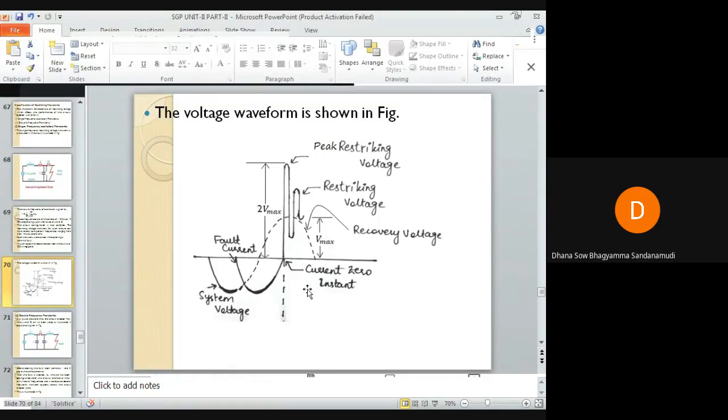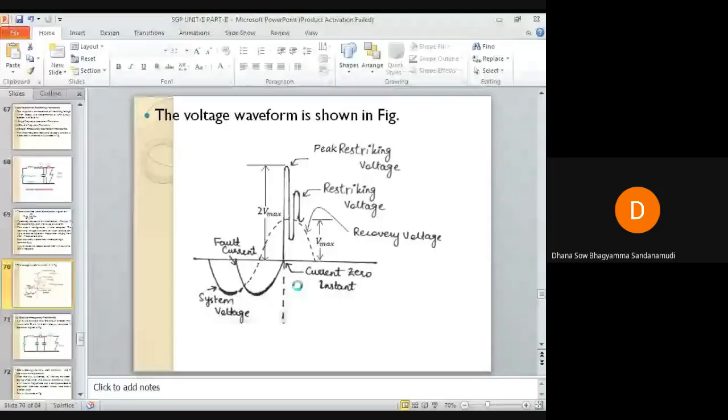The duty of a circuit breaker is much more severe when employed in a network of higher natural frequencies than on a network of low natural frequencies. This is because the average rate of rise of restriking voltage is much greater in the former case.